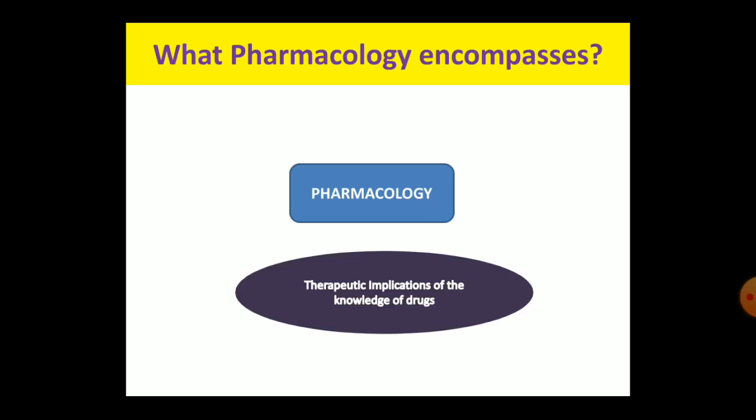The purpose is to use detailed knowledge of the drug and its action on the human system to get the maximum benefit of the drug for the treatment of a particular disease with minimal adverse effects. So pharmacology is the therapeutic implication of the knowledge of the drug, and in a better way it is also called clinical pharmacology.